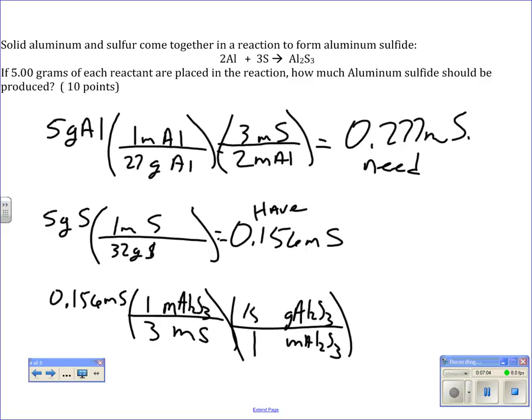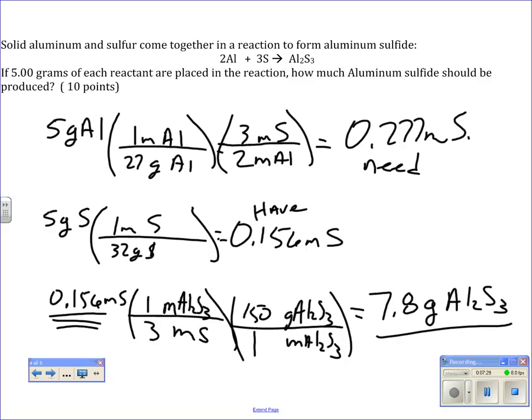It's 150 grams in a mole, so I should make 7.8 grams of Al2S3. Again, I had to figure out my have and my need. I picked sulfur and I happened to pick the right one, so I have 0.156, and that determines my product.